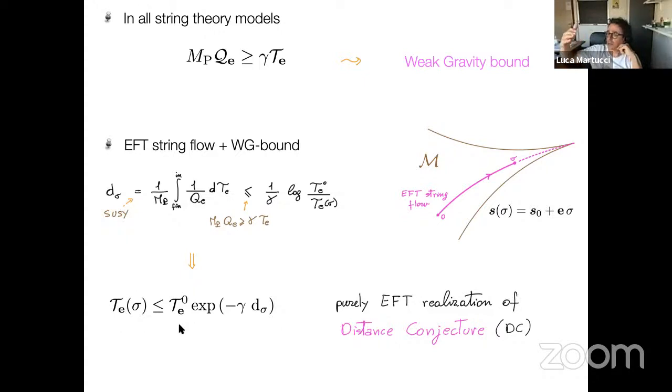So at some point, this tension will become lower than the cutoff scale of the EFT, and then in principle the semi-classical description breaks down. In principle, you should include all quantum excitations of the string, and you get a purely EFT realization of the breakdown that is, let's say, part of the distance conjecture, okay?